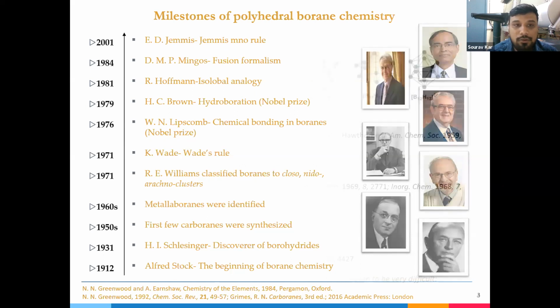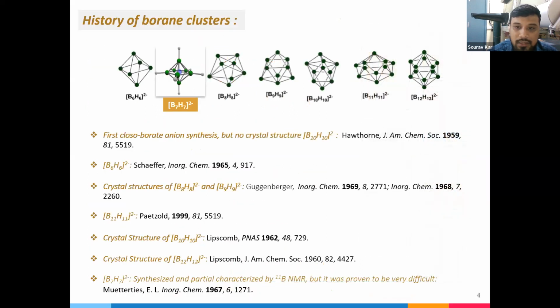So now take a look at the history of boron clusters. In 1959, Hawthorne and co-workers first isolated the first ever closo-borate dianion, that is B10H10 2-, and later on the rest of the boron clusters, B6H6, B8H8, B9H9, B10, B11, and B12, were isolated and characterized by Lipscomb, Hawthorne, Muetterties, and others.